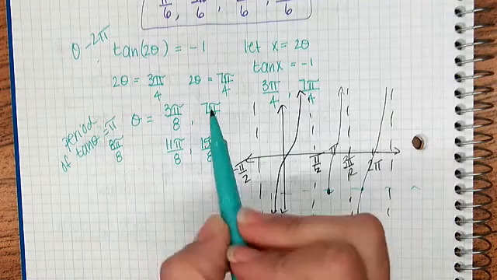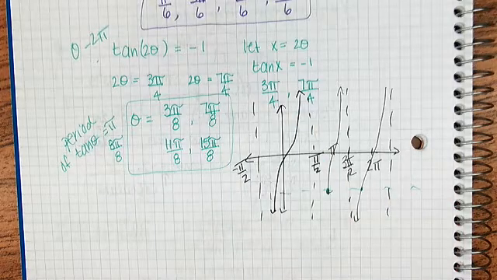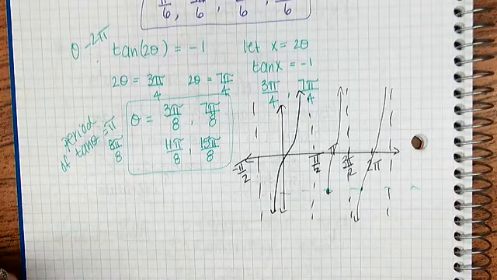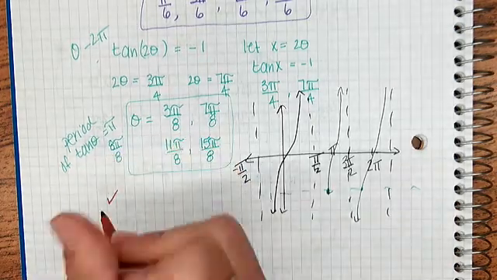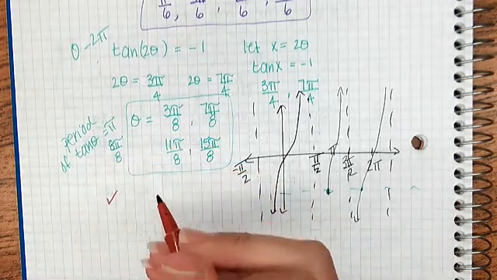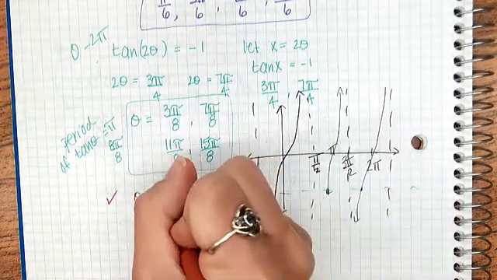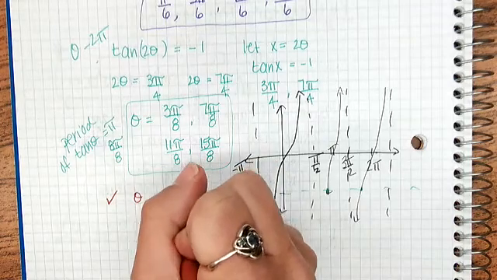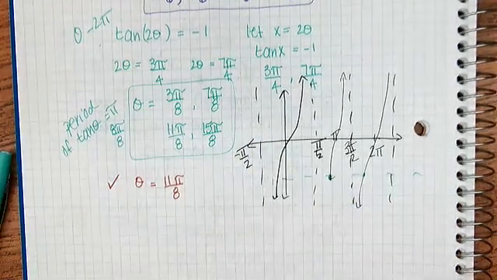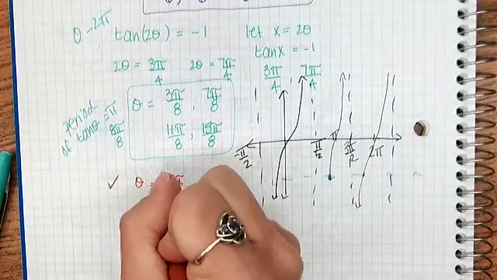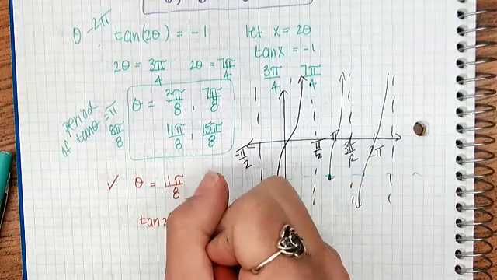So here's what happened. Let's check our work. Let's just do a quick check here. Let's say theta is 11 pi over 8. So the tangent of 2 theta, and I'm saying theta is 11 pi over 8.